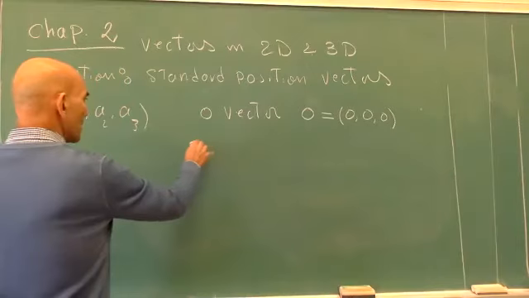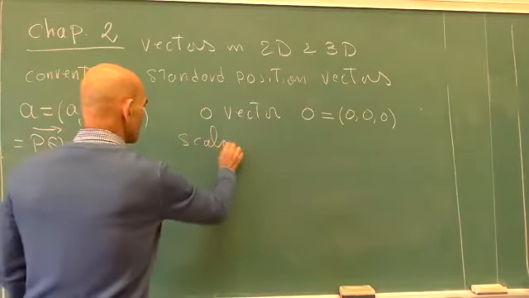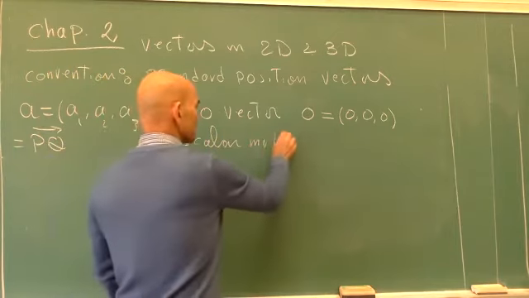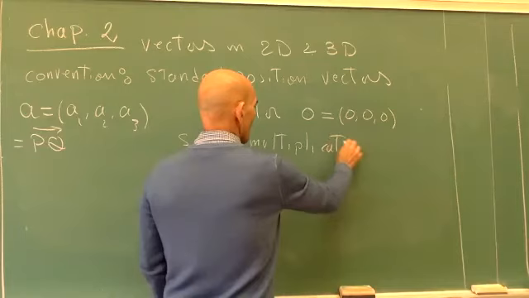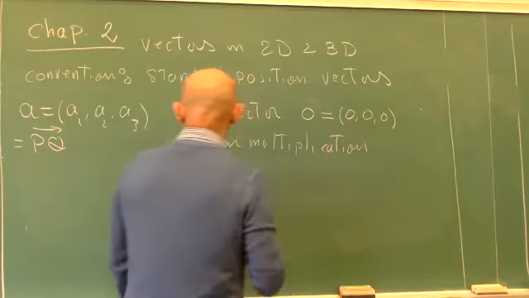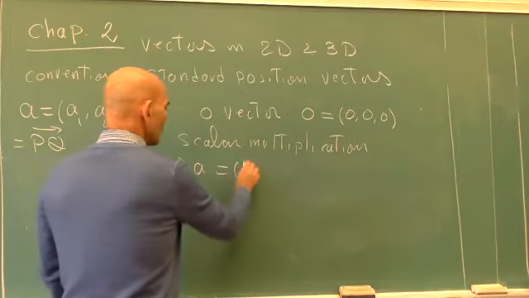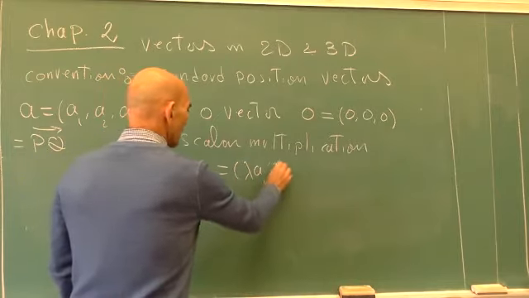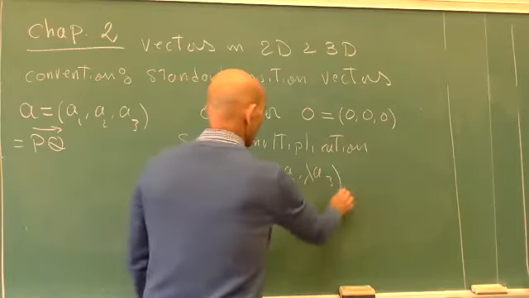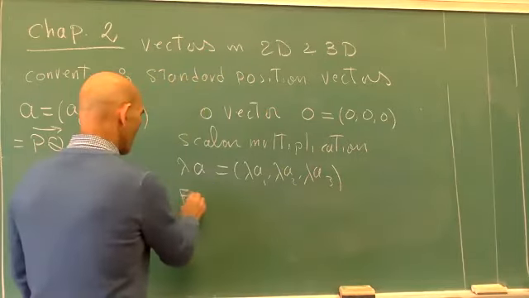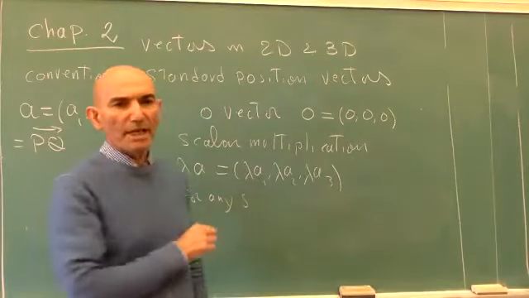Now, scalar multiplication. So lambda A is equal to lambda A1, lambda A2, lambda A3. This is for any scalar. I usually denote the scalars by lambda.